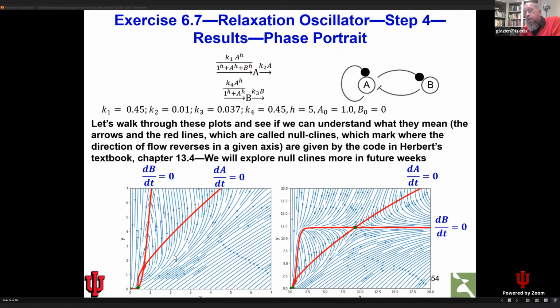Below that line here, in this bottom right-hand region, A is always increasing and B is increasing. So the flow is always up and to the right. The left-most box, wherever I am, A is decreasing and B is decreasing. So the flow is always down and to the left.